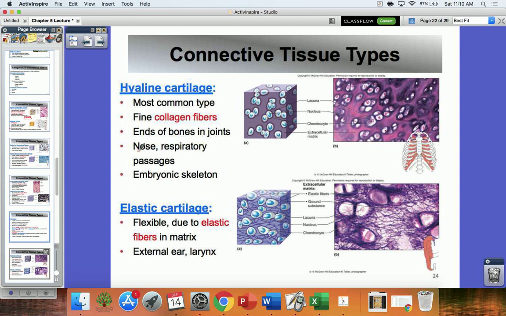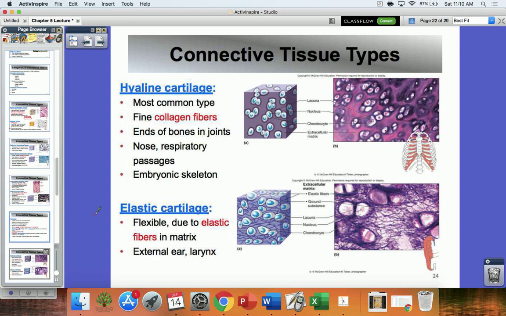Also, the nose, respiratory passages. It says the embryonic skeleton. The skeleton, as we are an embryo, is not ossified because it starts off as a hyaline cartilage model. We also find them between our ribs and our sternum. We also find hyaline cartilage there.